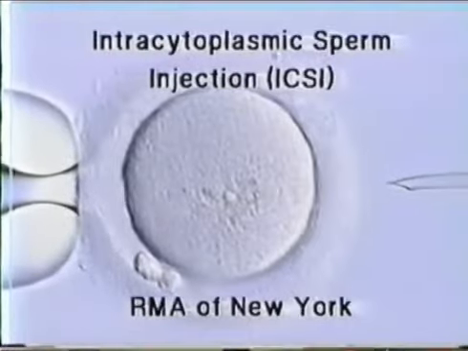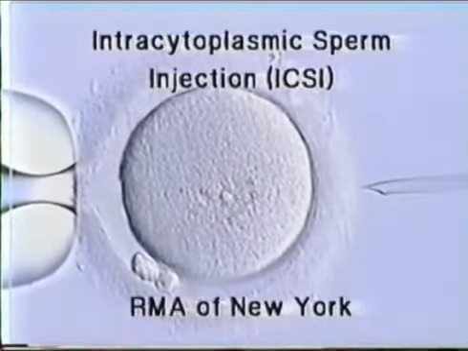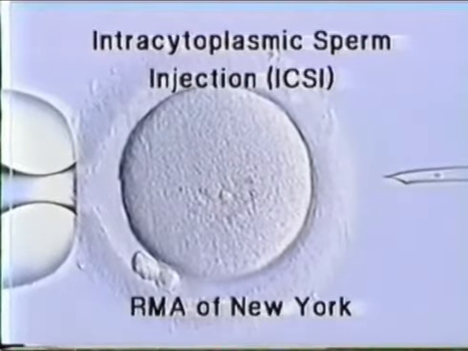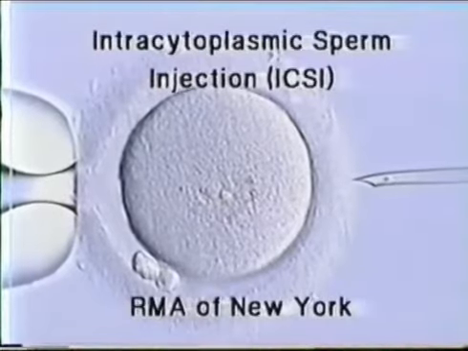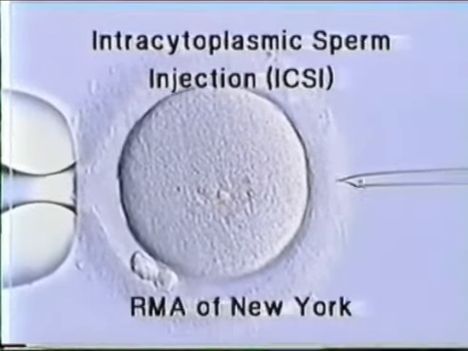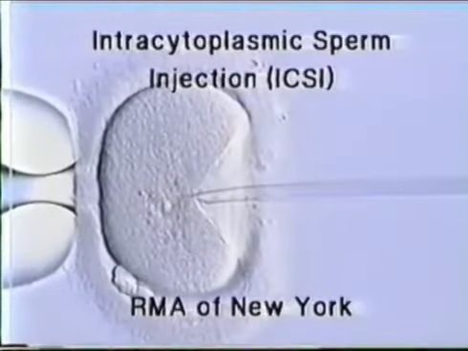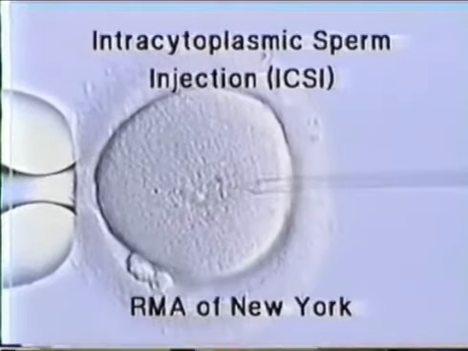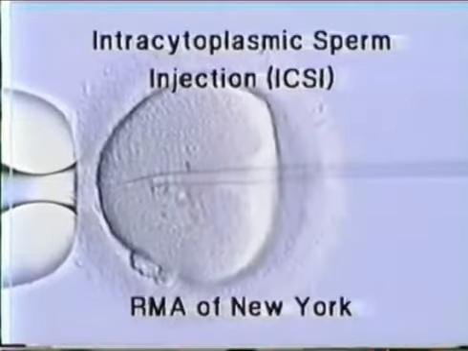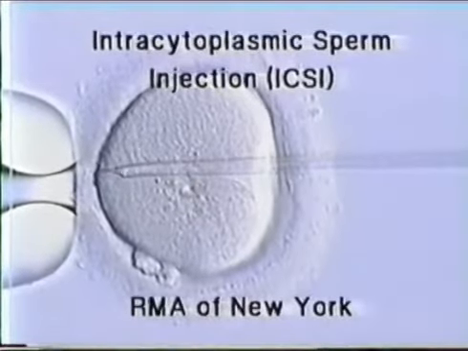This technique is performed at 400 times magnification, and you can just see the sperm head in the end of the needle before it is inserted. The egg recovers from this injection and is placed into a culture dish overnight so that fertilization can be assessed the next day.